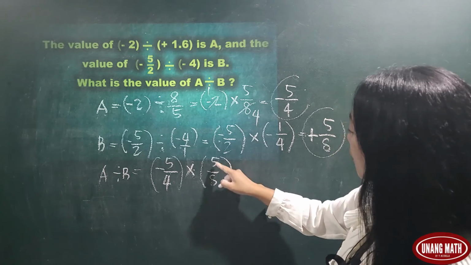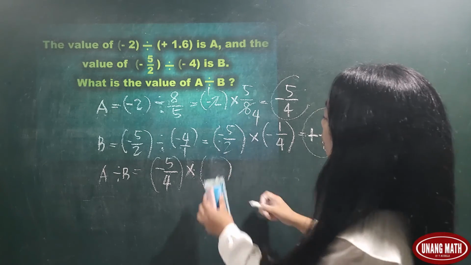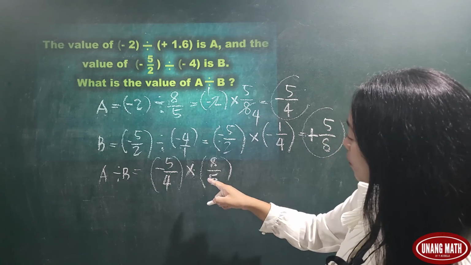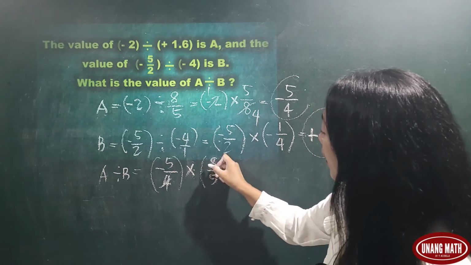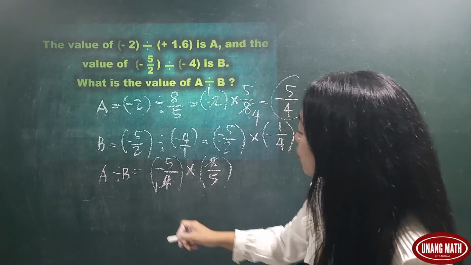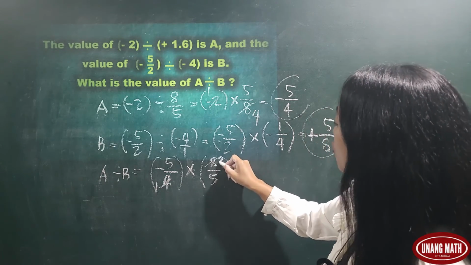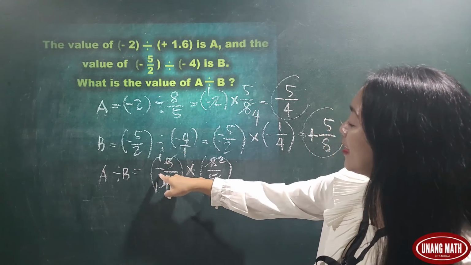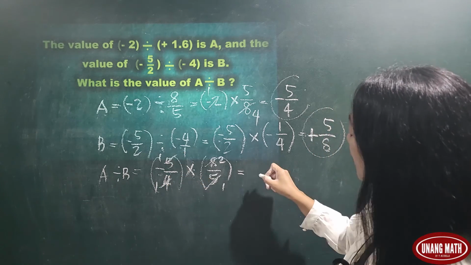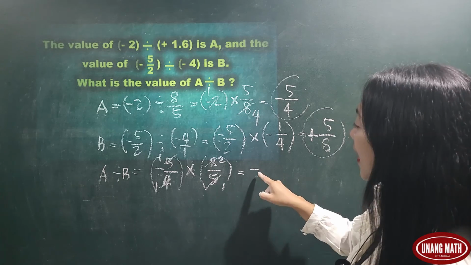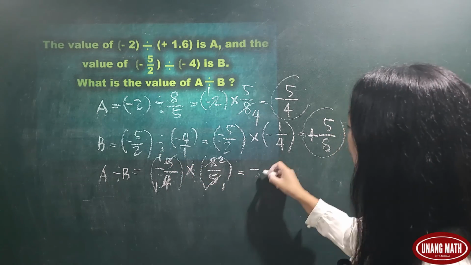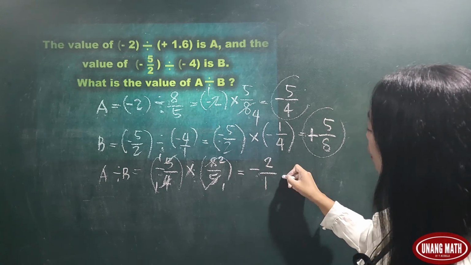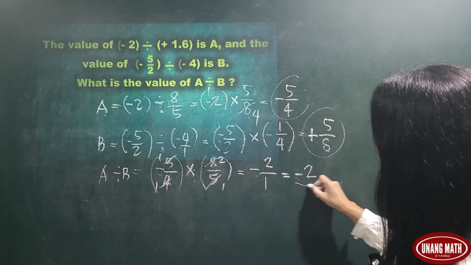Get the reciprocal of 5 over 8. It's 8 over 5. Before we multiply, we can simplify 4 and 8. This becomes 1, this is 2. 5 and 5, 1, 1. So there's one negative number here. That means our final answer is a negative number. So 1 times 2 is 2 and the denominator is 1. So negative 2 over 1 or negative 2.